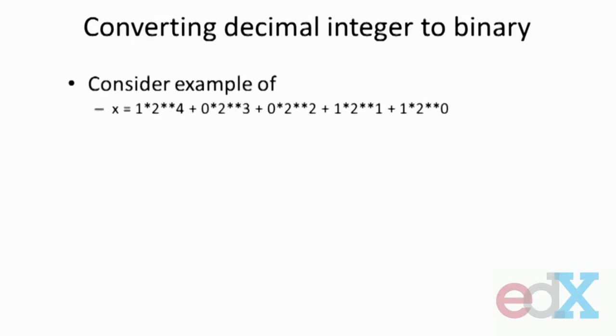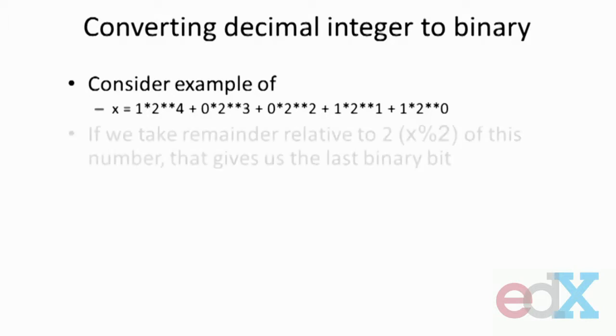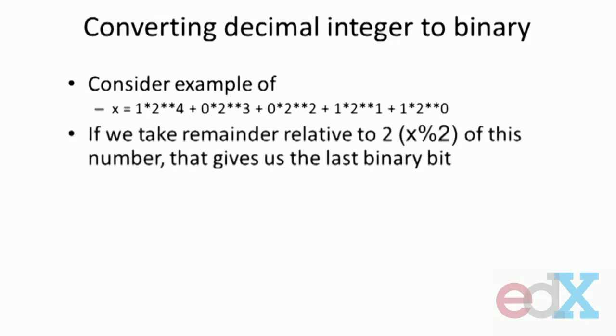Suppose we give the computer some number, we'll call it x. And it turns out x is actually 10011 in binary, but we don't know that. We want to figure that out. Well, knowing that it has some form like that, what could we do? The first thing we can do is take the remainder of x with respect to 2. Okay, what does that say?